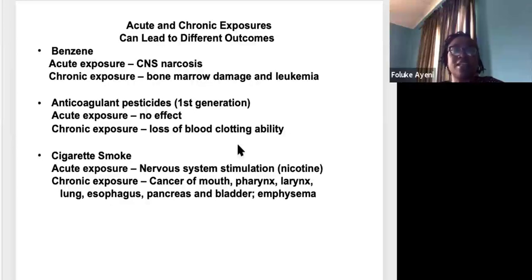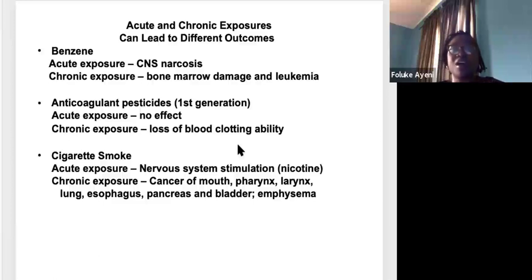And the last one, which is a common one, is cigarette smoking, where acute exposure can lead to nervous system stimulation, the stimulation that is experienced by those that smoke. That gives them the experience that they want, and they keep on taking the cigarette smoke just to have that exhilaration.